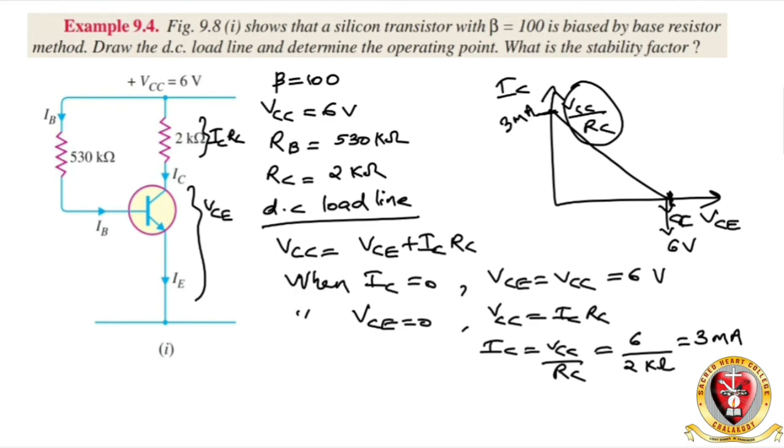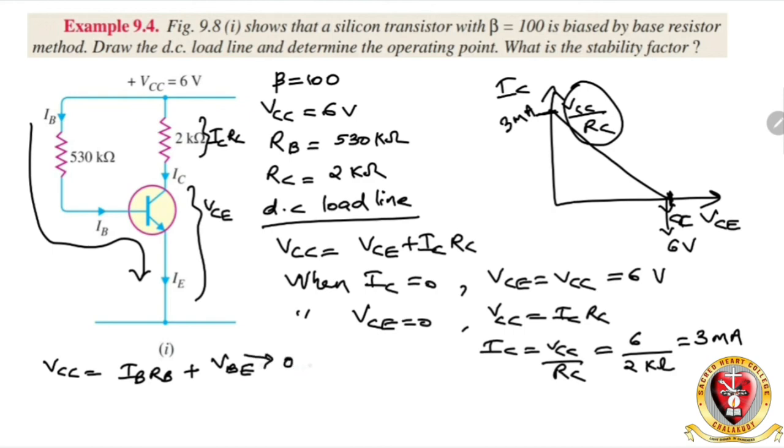To find the operating point, we have to apply Kirchhoff's voltage law in the first loop. So in the first loop, we have VCC is equal to IB RB plus VBE. Here we cannot neglect the value of VBE. The VBE value for a silicon transistor is 0.7 volt, so we have to take VBE into account.